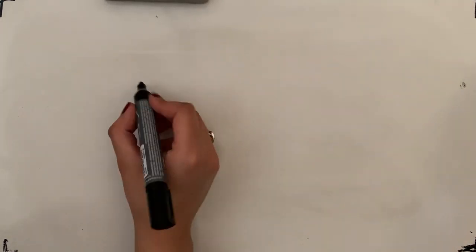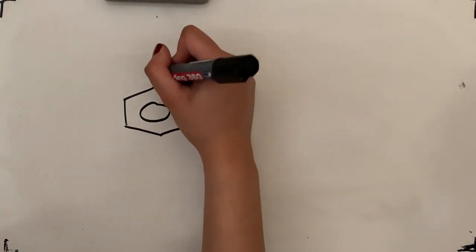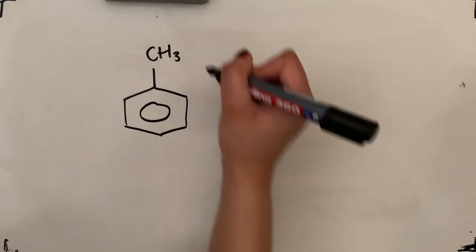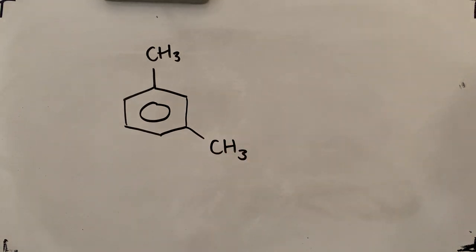Let's now have a look at when you have more than one substituent on the benzene ring, because so far we've looked at when we have just one substituent, it's monosubstituted. Let's now have a look at where we have di- or more substituted benzene rings. First things first, the position of the substituents is now important.